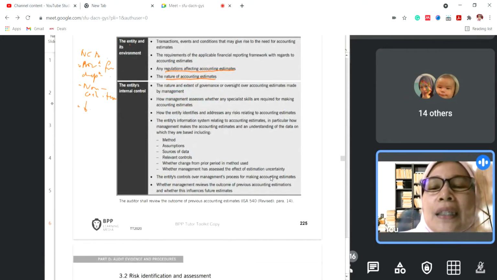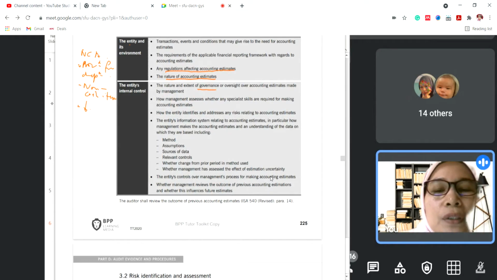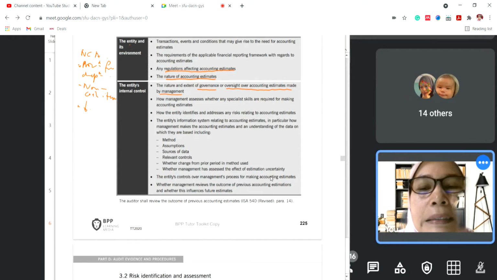And then the second one, in terms of the entity's internal control, maybe the governance, the board of directors and those charged with governance, is there oversight over accounting estimates made by management? Or do they let the management decide only, and those charged with governance just follow the estimation done by the management?